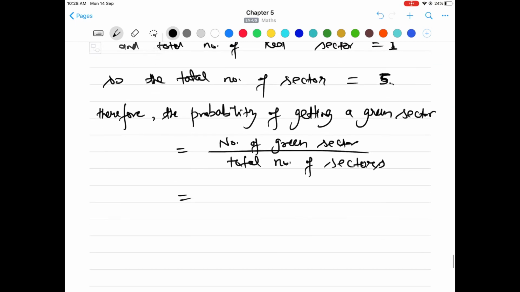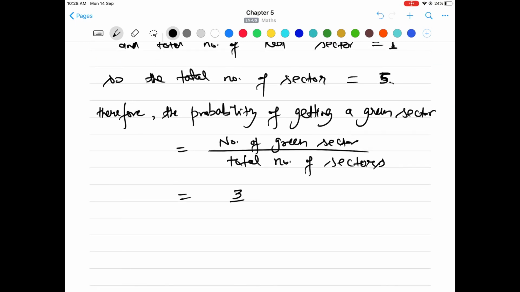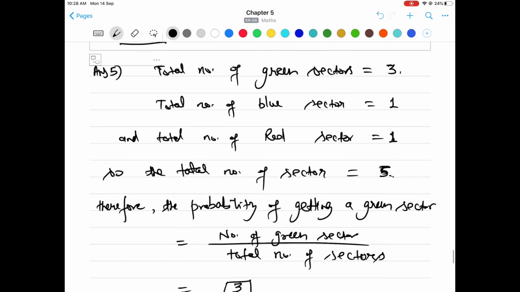The number of green sectors here is 3 and the total number of sectors is 5. The probability of getting a green sector is 3 by 5.